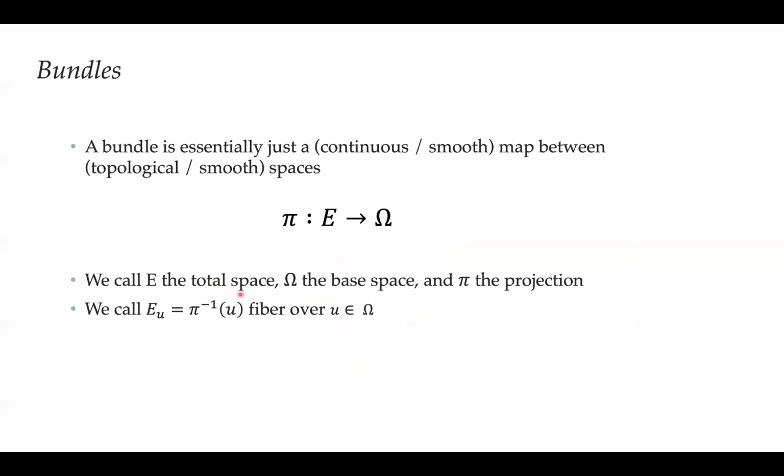So E is the total space, omega is called the base space, and pi is called the projection of the bundle. And another way to indicate what the fiber is to say the fiber over U, indicated by E_U, is the inverse image of U under the projection. So all the points in E that map to U, those are called the fiber over U.